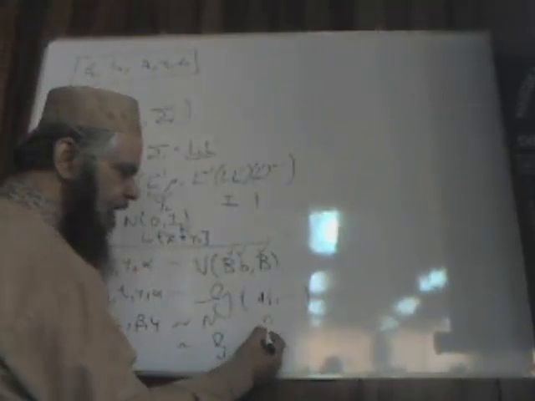Now S and T have gamma distributions. Again, there are ways to generate gammas. The easy cases arise if the degrees of freedom is half integer, n over 2. Then it's very easy, because the gamma with n over 2 is a chi-square density with n degrees of freedom.